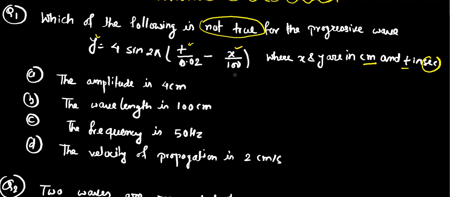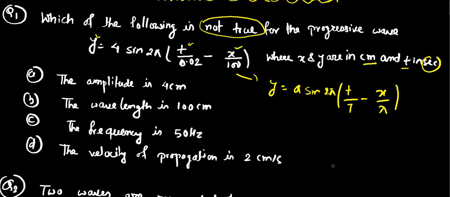Okay, so let us check first of all. To check this, we have to compare this equation with this kind of equation: sine 2 pi, small t by capital T minus small x by lambda. If you do not remember this equation, we have to do some calculation here first.